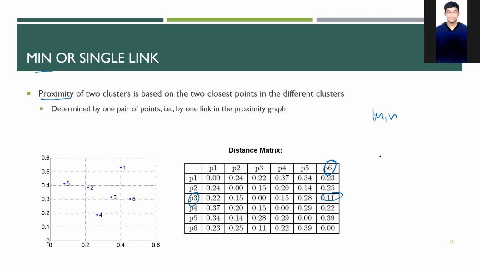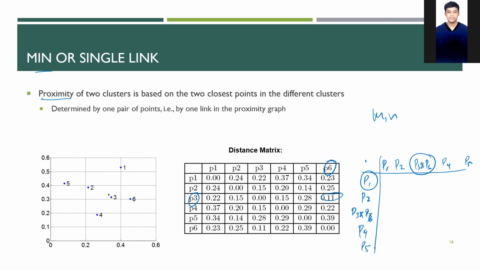So our proximity matrix will be P1, P2, P3 and P6, P4, and P5, both in rows and columns. The distance from P1 to P2 is still the same because this is still 1 point, this is still 1 point. But how about P1 to P3 and 6?